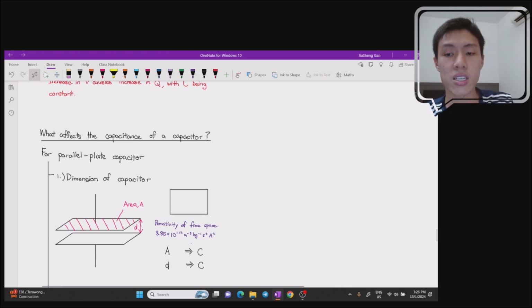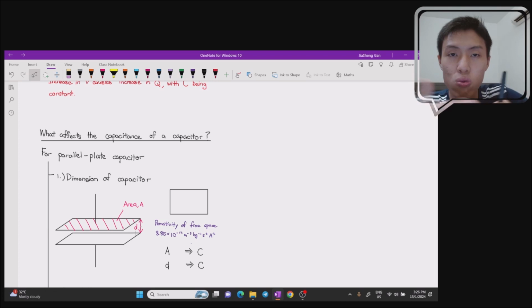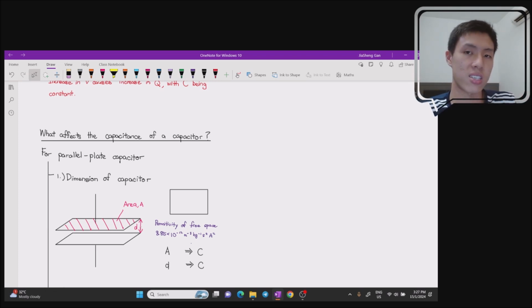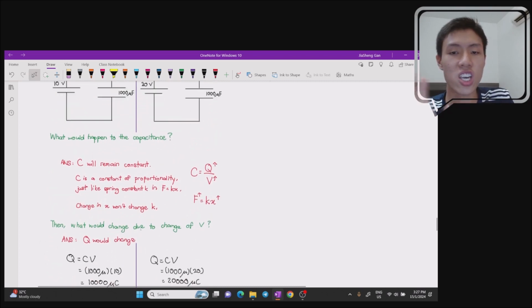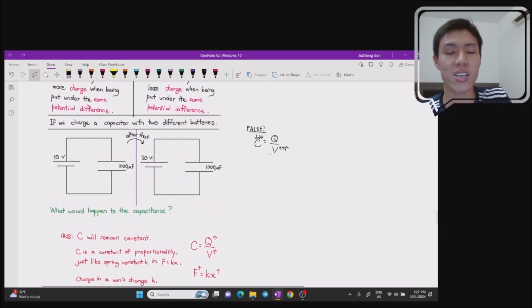By making the distance between the capacitor plates further apart, you will change the capacitance. You cannot change the capacitance by plugging it into a larger battery. That will not change anything about the capacitance. Again, to change the capacitance, you have to do something to the capacitor itself.